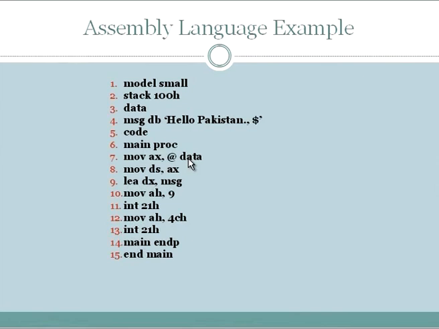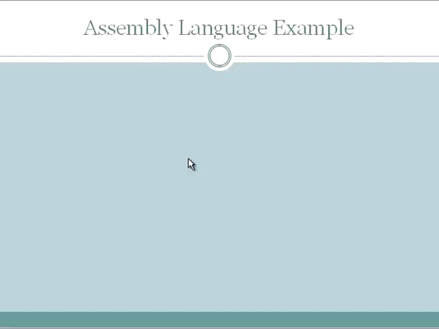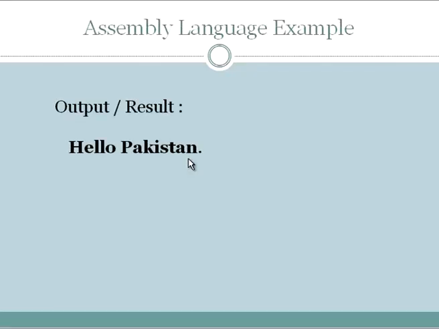You see that while displaying a simple message on the computer screen, you need to code 15 statements, and these statements are also complicated. We can perform this task in other categories of languages very simply, just by using a few well-known and well-defined statements. So when this assembly language program is executed, it will display the message "Hello Pakistan" on the computer screen.